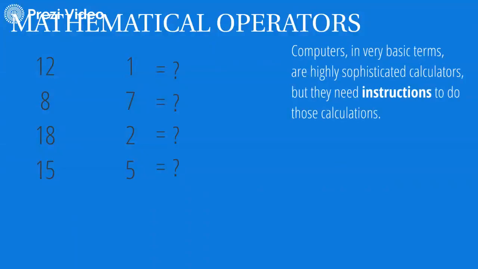When you think about it, computers in very basic terms are highly sophisticated calculators, but they need instructions to do those calculations. So you can't really get mad at a computer when it doesn't find what you're looking for if you have not given it enough information to find what you're looking for.